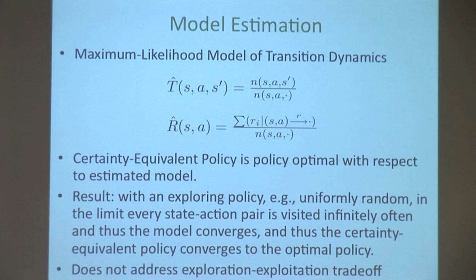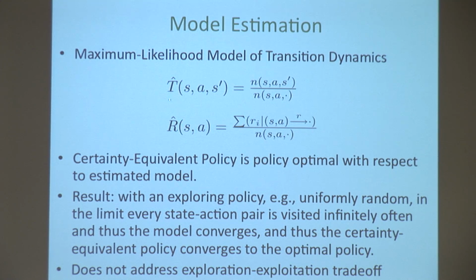So this is a very short section. The simplest idea in a small MDP setting would be to learn the transition probabilities and the reward functions. That is, to use the empirical estimate of the probability of a transition from state S to S prime on action A. So this N is just the number of times you've taken action A in state S. This is the empirical estimate.